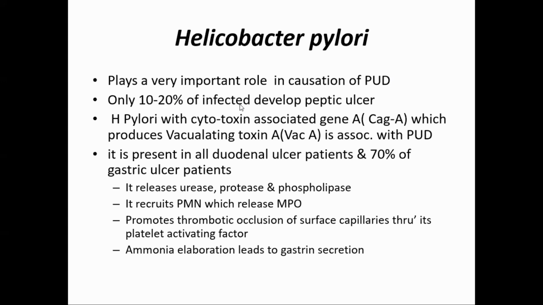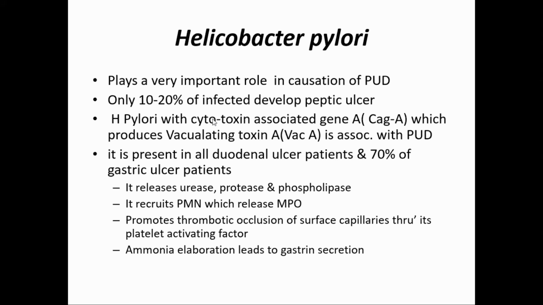Only 10 to 20% of those infected with H. pylori get ulcers. H. pylori infection is very common. It spreads through water contamination. So 60-70% of the population, especially in underdeveloped areas, is positive for H. pylori, but all of them do not have gastric ulcer. So what is the thing which causes H. pylori to lead to peptic ulcer?